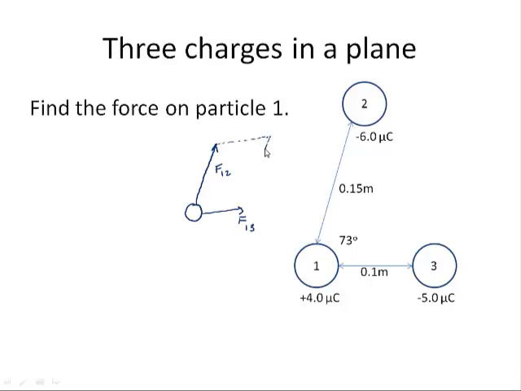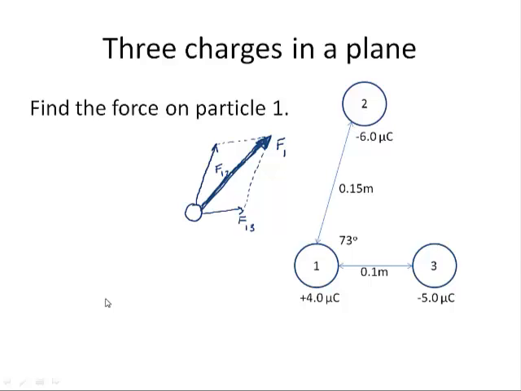And I can draw the resultant here by using the parallelogram method. This is going to be, let me make it a little bit thicker so that you can see it, the direction, roughly, of the force on particle 1 due to both of these charges.